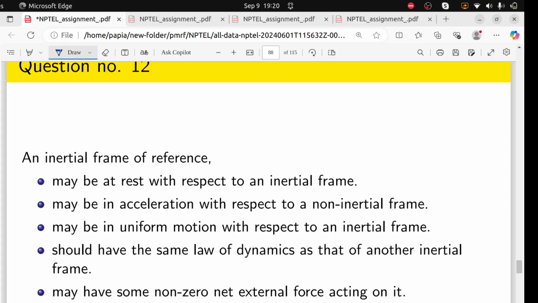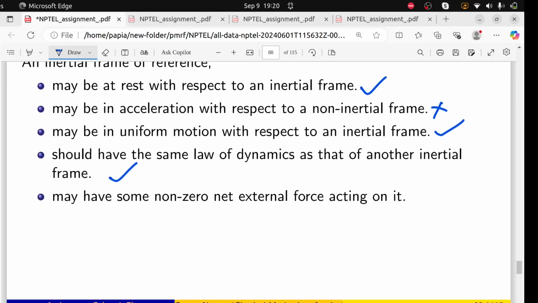Yes, that we have already explained in the first half of the lecture. Maybe in acceleration with respect to an inertial frame? No, it is not correct. Maybe in uniform motion with respect to an inertial frame? Yes, that is correct. Should have the same laws of dynamics as an inertial frame? That is also correct. May have some non-zero net external force acting on it? Yeah, that can also be fine. Non-zero net external force.